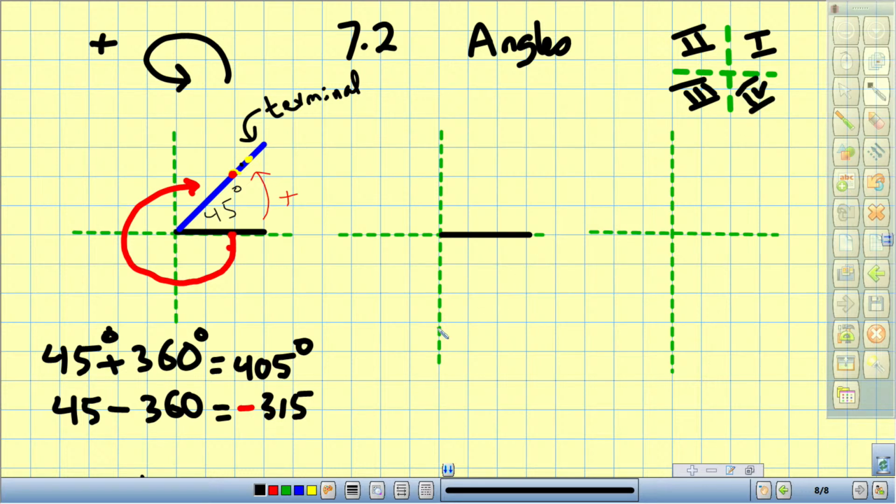Okay. Where does 135 live? 135 degrees. Quadrant 4. Interesting. Okay. If I passed this, that's 90. That's 180. This is the third quadrant, that's 270. Which quadrant is 135?